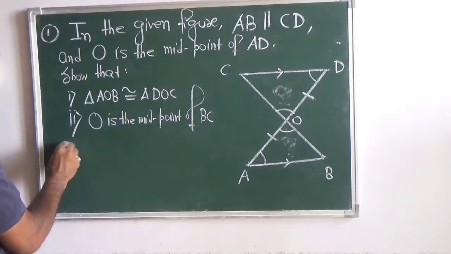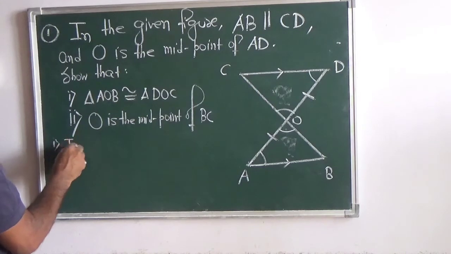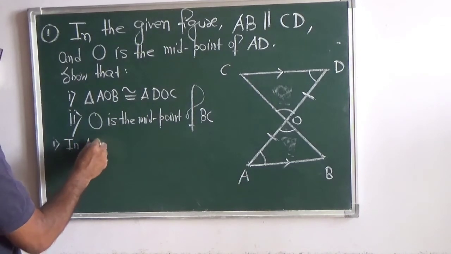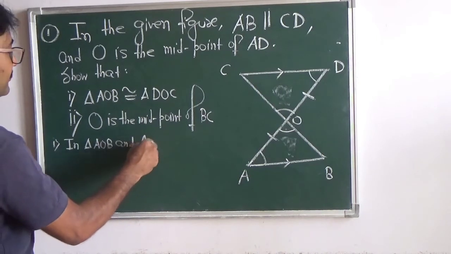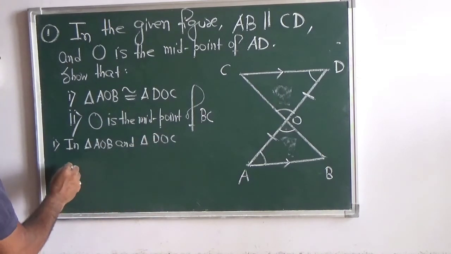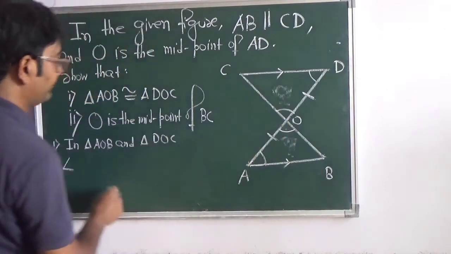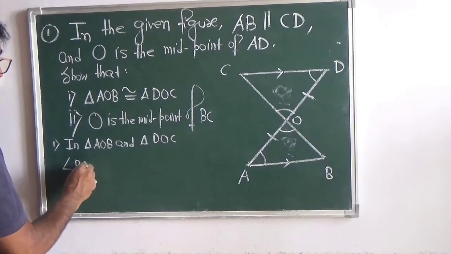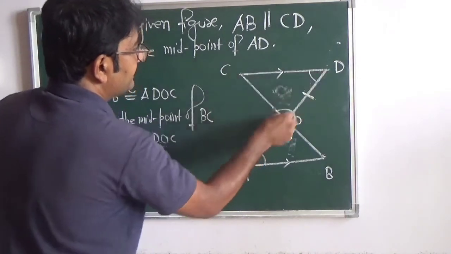So we write, for the first part, in triangle AOB and triangle DOC, the first one we can write angle BAO is equal to angle CDO.